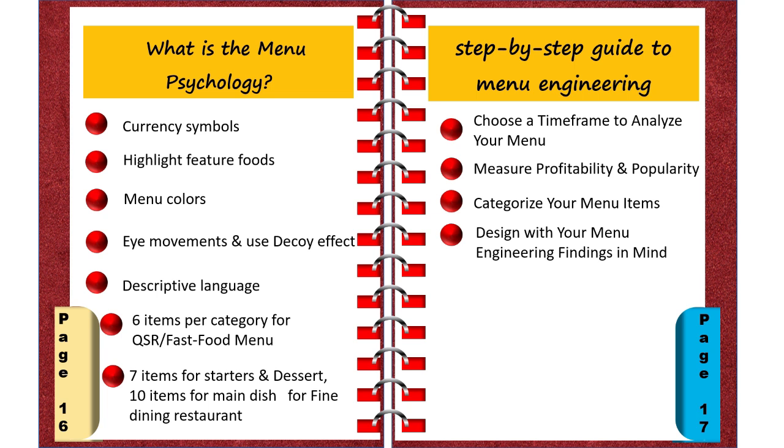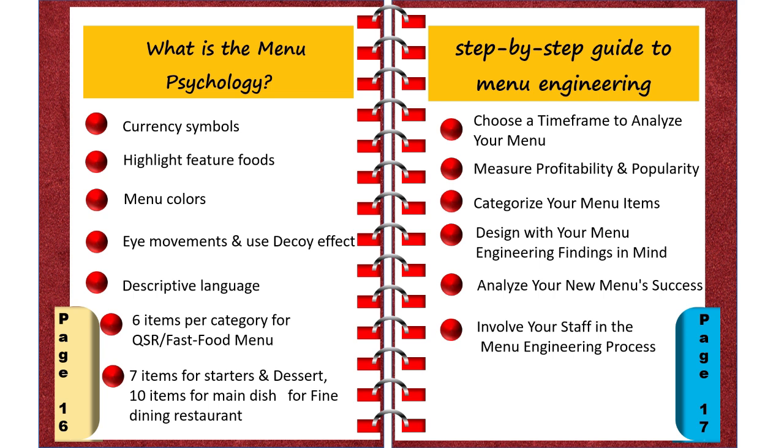Now it is time to take the decisions, and step by step we can do that. Again, analyze your new menu's success. Once you launch a menu, analyze its success. While doing that, involve your staff in the menu engineering process. Definitely, they will be involved in doing so.